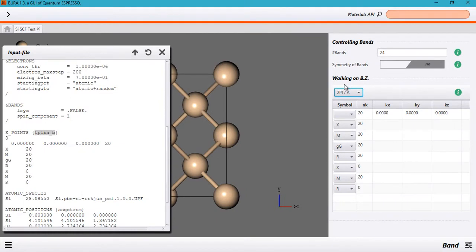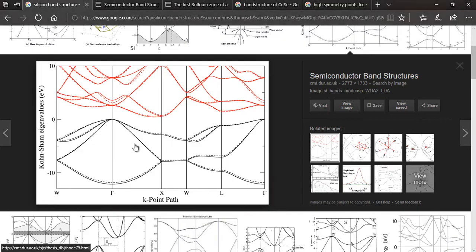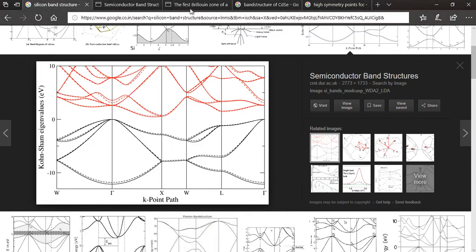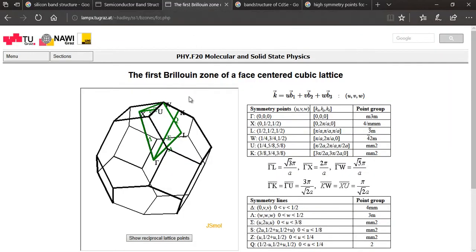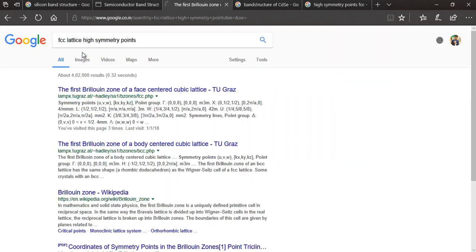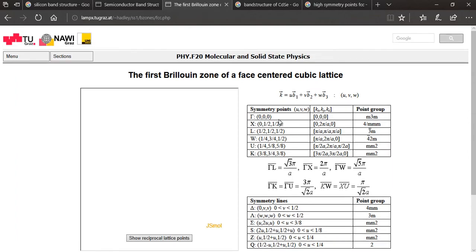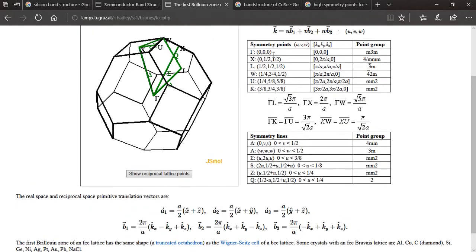Now in case you are wondering, I knew the coordinates for the gamma point, but how do I know the coordinates for X, M, gamma, or any other point like W? Again, Google will be of service to you. You can just Google high symmetry points for FCC lattice, go to any link, and here you will find the coordinates for all these high symmetry points.